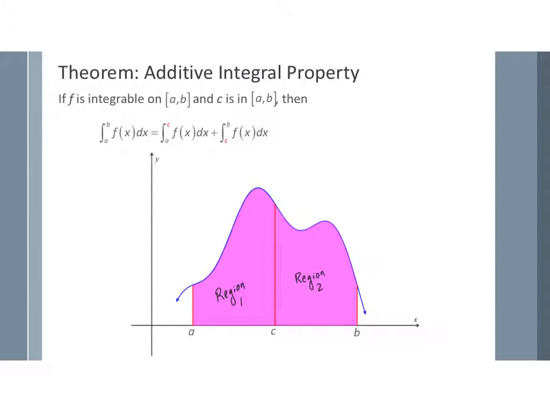And that's all we're saying here. Now again, this is overly simplified because definite integrals don't always correspond to area. But area is a nice place where we can get an intuitive grasp of what's going on.